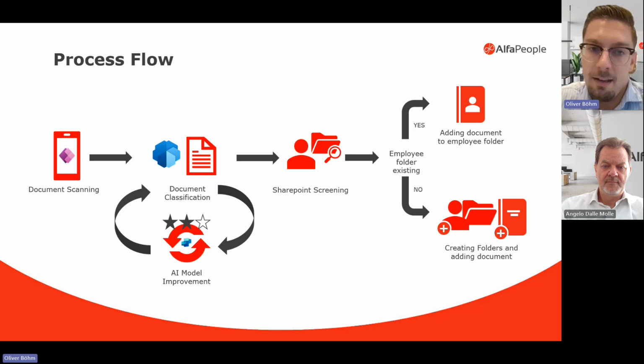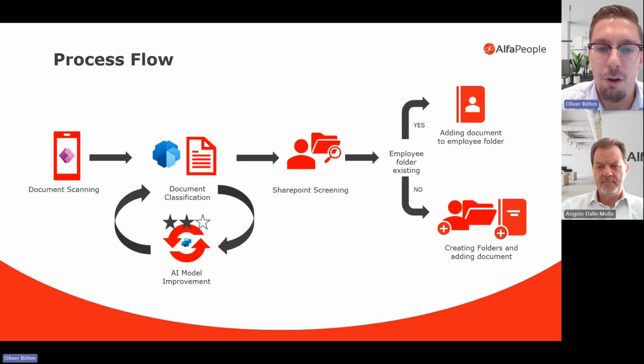If there's not an existing folder for an employee, the Power Automate flow takes the extracted data, creates a folder with the specific employee name, creates another folder with the specific document type, and last but not least, it annexes the specific document inside of the document type folder.